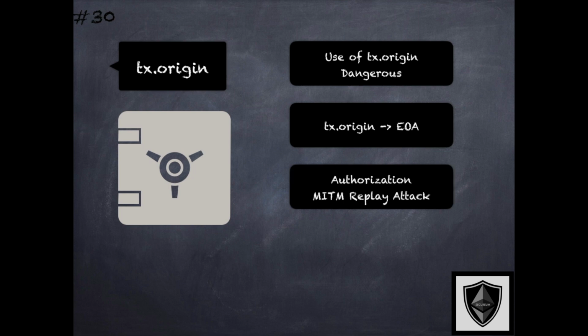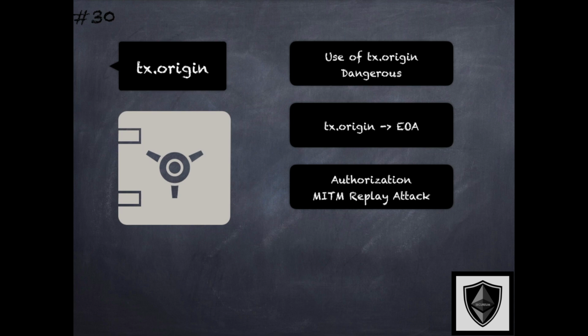And if this address, the transaction.origin, is used for authorization, then it can be abused by attackers for launching replay attacks by coming in between the user and the smart contract of concern. This is sometimes known as a man-in-the-middle replay attack, or MITM as an abbreviation, because the attacker comes in between the user and the contract, captures the transaction, and later replays it.